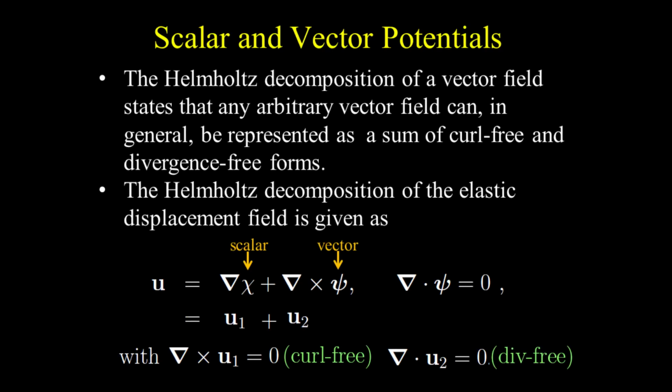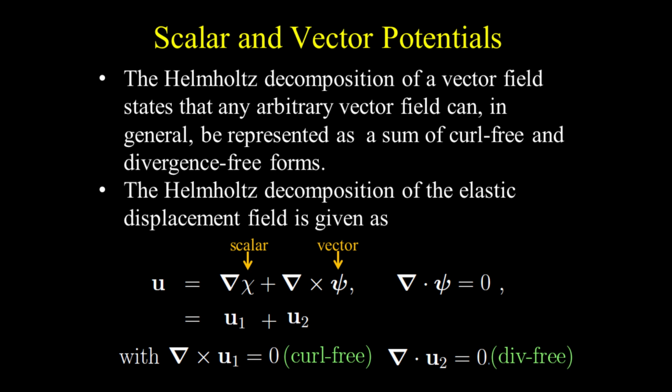The Helmholtz decomposition of a vector field states that any arbitrary vector field can generally be represented as a sum of curl-free and divergence-free forms. The Helmholtz decomposition of the elastic displacement field is given as a gradient of the scalar potential plus the curl of the vector potential.